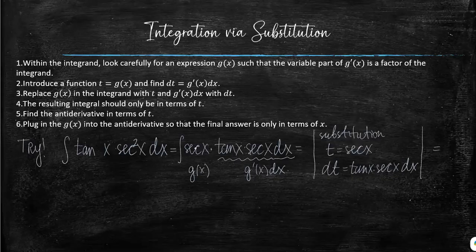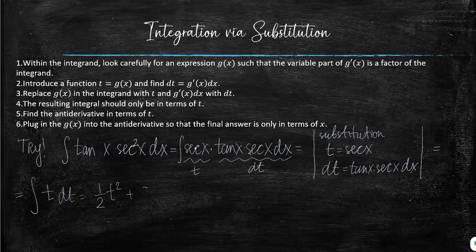And now I'm going to plug everything in. And we have the following. The secant x now becomes t. The tangent x secant x dx becomes dt. And I end up with the same antiderivative, which is 1/2 t squared plus c.